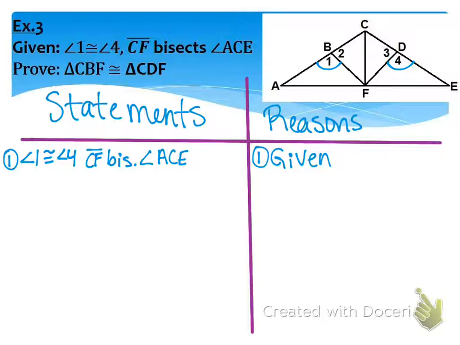So we could talk about that angle bisector. That is a good place to start. So we're told that CF bisects angle ACE. So that means if we're bisecting an angle, that two little angles ought to be congruent to each other. So let's start there. What are those two little angles that ought to be congruent?